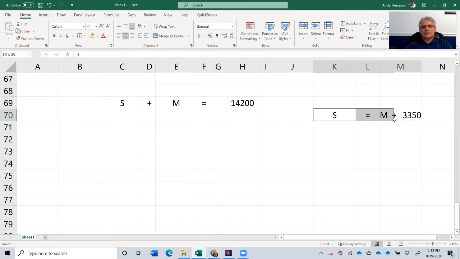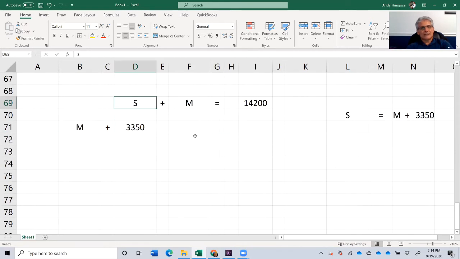By doing this, I can replace the S with this expression so that I don't have different unknown variables. So in essence, I'm just replacing the S with M plus 3,350. That plus the M again is going to give me a total of 14,200.